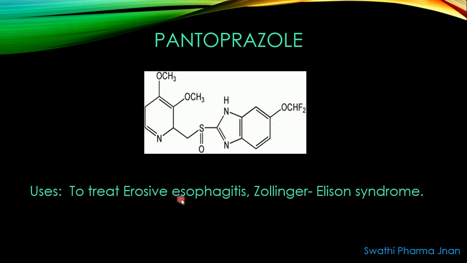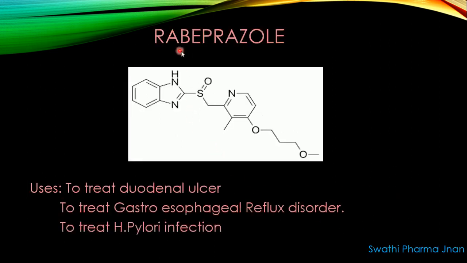Uses are to treat erosive esophagitis, meaning inflammation of the esophagus that leads to erosions, and also for the treatment of Zollinger-Ellison syndrome. Zollinger-Ellison syndrome is a hypersecretory disease: because of the hypersecretion of HCl, it leads to ulcers.